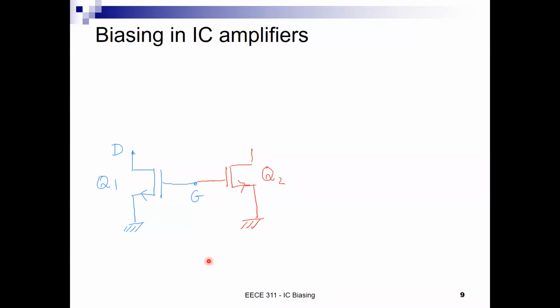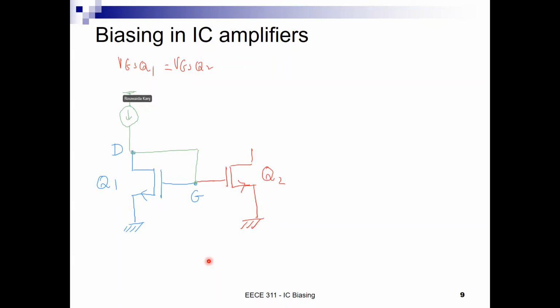So I know that VGS of Q1 equals VGS of Q2. Now, we're going to add one more thing to Q1, where the gate is going to be connected to the drain.